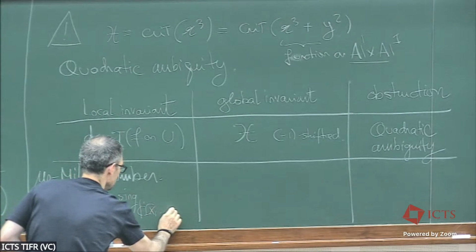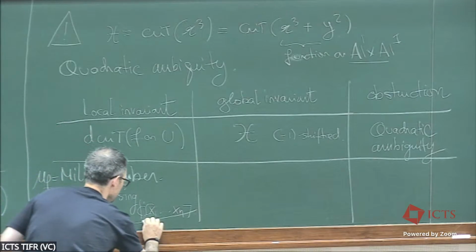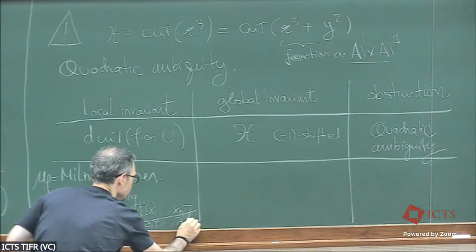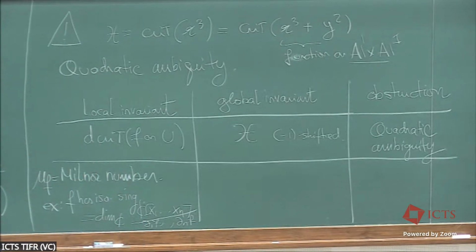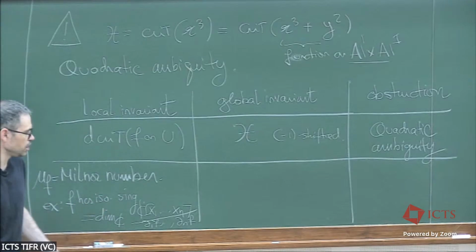So I take coordinates on U, and I divide by the derivatives of f with respect to these variables. I get a ring, I take the dimension over C as a module, and I get a number. This is called the Milnor number. In case I don't have isolated singularities, it's more complicated.